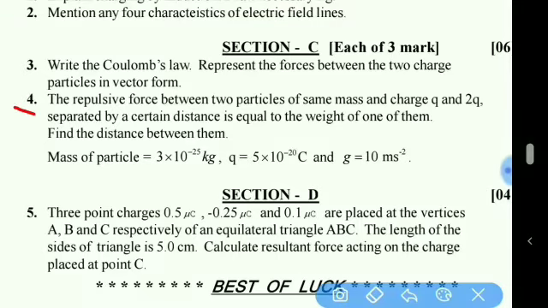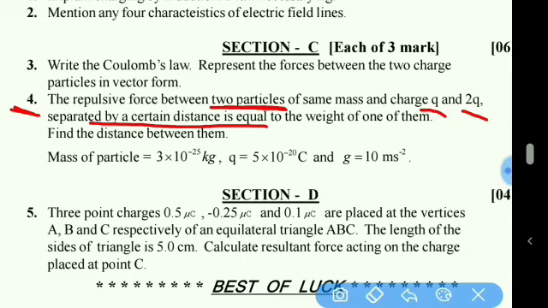Now in question number 4, an example is given. In this example, there are two charged particles Q and 2Q. They are separated by a certain distance.